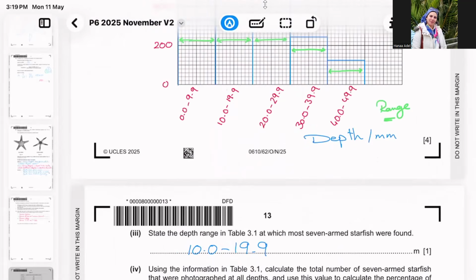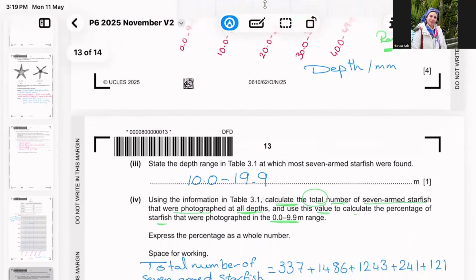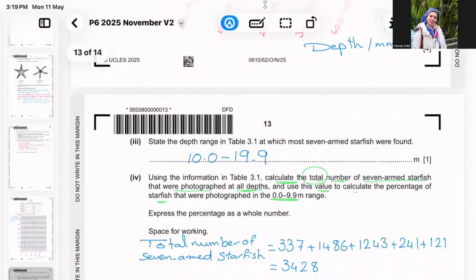Using the information in Table 3.1, calculate the total number of 7-armed starfish that were photographed at all depths. Use this value to calculate the percentage of starfish that were photographed in the range from 0 to 9.9. At the beginning, we have to calculate the total sum of all starfish, which is equal to 3,428.